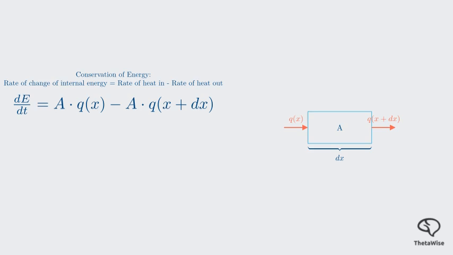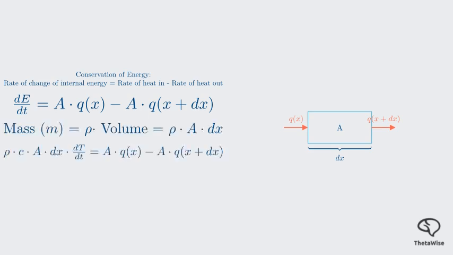Now, let's use our other expression for the rate of change of energy. C times mass times dT/dt. The mass of our slice is its density, rho, times its volume, which is A times dx. So we have rho times C times A times dx times dT/dt. We can divide both sides by A and rearrange the right side.